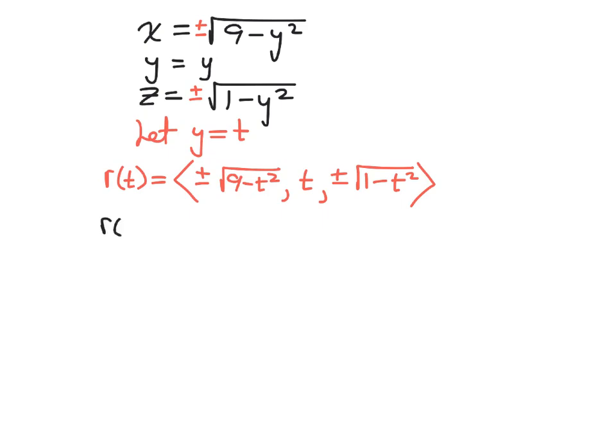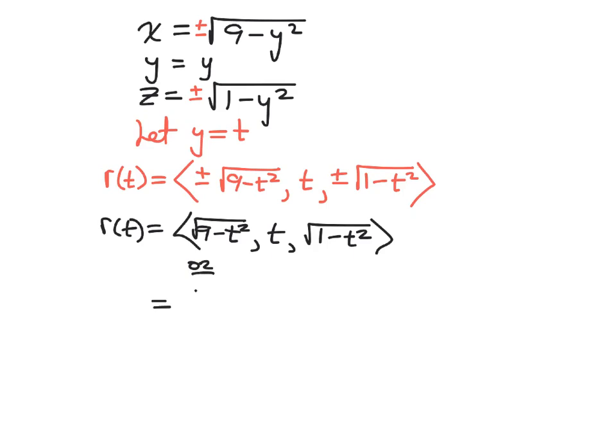So r of t could be equal to the square root of 9 minus t squared, comma t, comma the square root of 1 minus t squared. Or it could be equal to maybe both are negative.